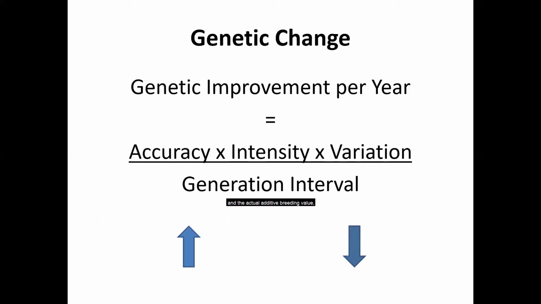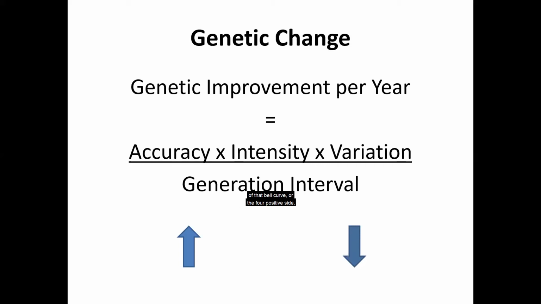Accuracy is simply the relationship between the selection criteria on which we're making the choices of who stays and who goes, and the actual additive breeding value of those animals. How close is what we're using to select them to their actual breeding value that's going to pass from generation to generation. Intensity is what percentage of offspring are kept for breeding.